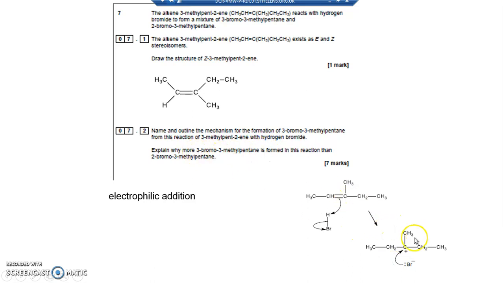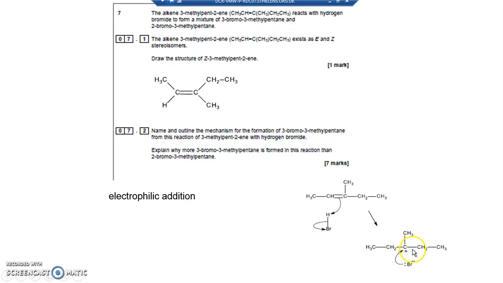Explain why this is formed in the reaction, so why this is the major product rather than 2-bromo-3-methylpentane. It's because this C with a plus is called a carbocation, and if you count the number of carbons off that C plus, it's got 1, 2, 3. So it's called a tertiary carbocation because it's got 3 carbons bonded to the C plus.